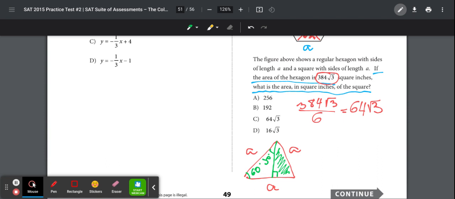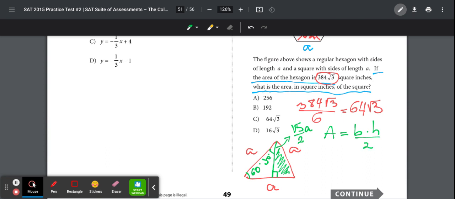We do know that the long leg of a special right triangle is radical 3 over 2 of the hypotenuse. So now I'm going to use the area as base times height divided by 2.